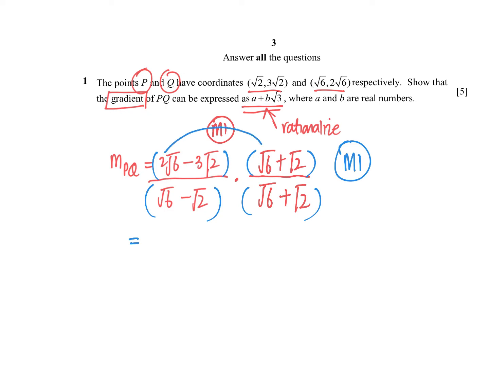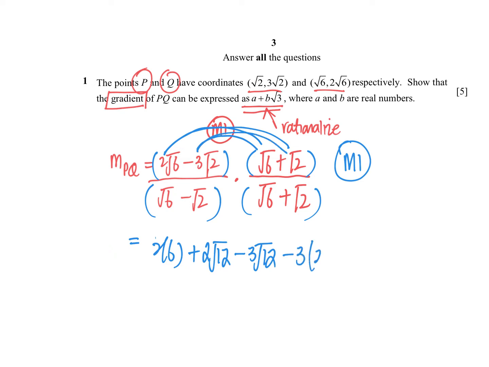So 2 root 6 times root 6 is 12. Or let's not skip some steps, it is 2 bracket 6. Okay? 2 root 6 times root 12 is 2 root 12. Negative 3 root 2 times root 6 is negative 3 root 12. And the last one is negative 3 times 2.